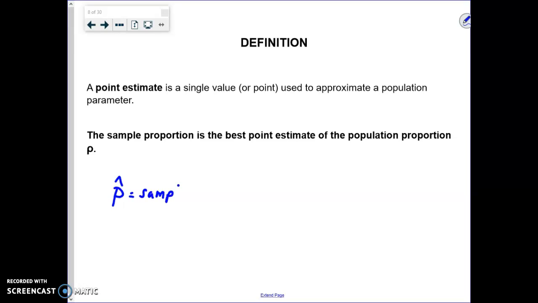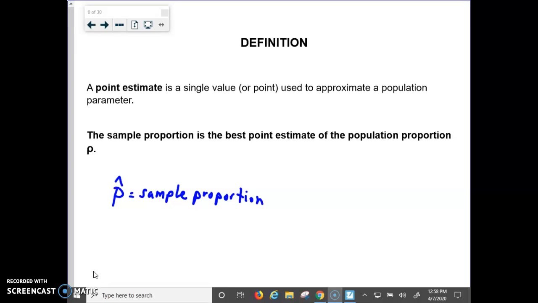I know it sounds awkward, but let's say, for instance, we take a sample of 100 people and figure out the proportion of them that have blue eyes.